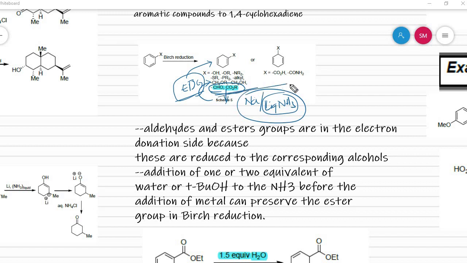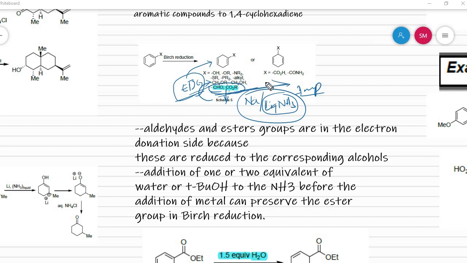This is a very important and most expected question. Whenever aldehydes and esters are present, they are going to reduce and form an alcohol, which is an electron donating group, which will direct the reduction as in electron donating systems.